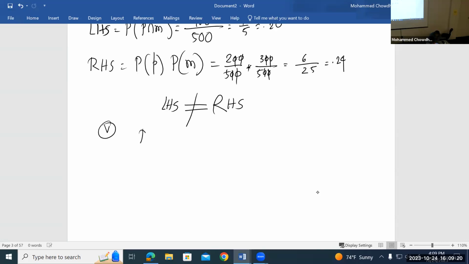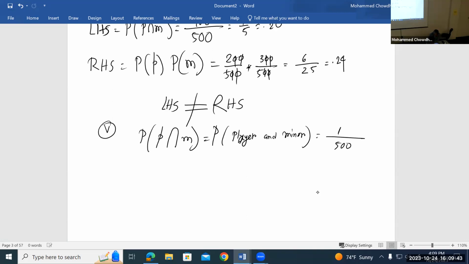Selected person is a player and minor, which is equal to 1/5.